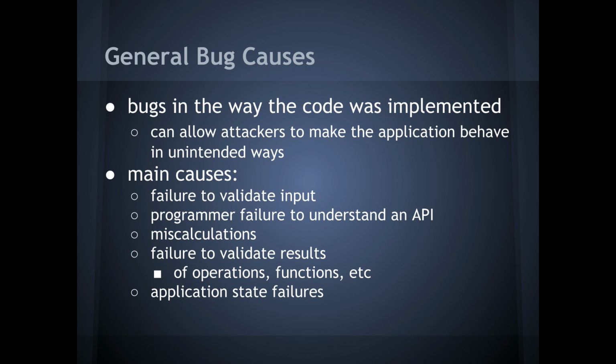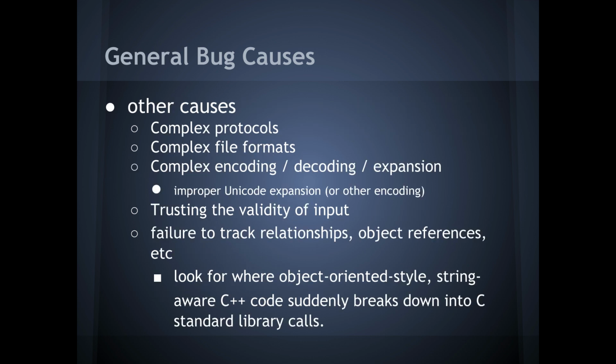So there are some general causes for bugs, basically involved in the way things are implemented: failure to validate input, failure to understand an API, miscalculations, failure to validate results or check errors, or application state failures.